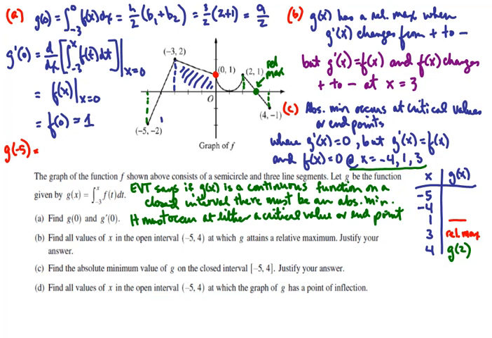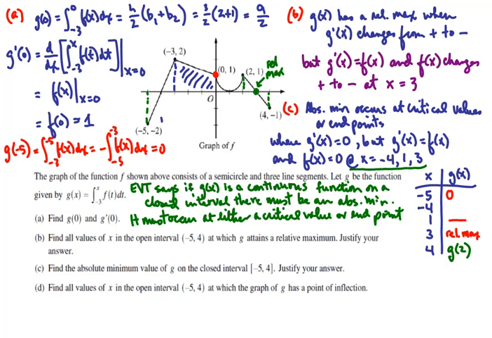So I can say that g of -5, which is defined to be the integral from -3 to -5, but again I'm going from right to left in this case, is equal to the negative of the integral from -5 to -3, but the integral from -5 to -3 is just 0. Now it is possible that that could be the minimum value. It's not going to be, but I still write that down.